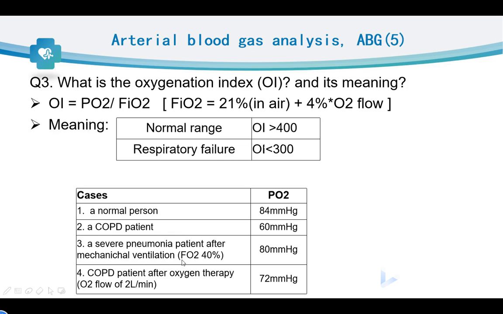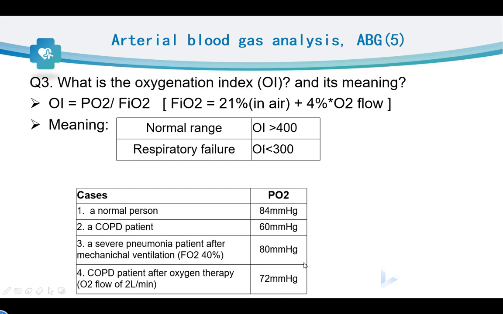The fraction of inspired oxygen is 40%, and the partial pressure of oxygen for this patient is 80 mmHg. The fourth case is about a COPD patient after oxygen therapy. We just talked about this case before, and the partial pressure of oxygen is 72 mmHg.